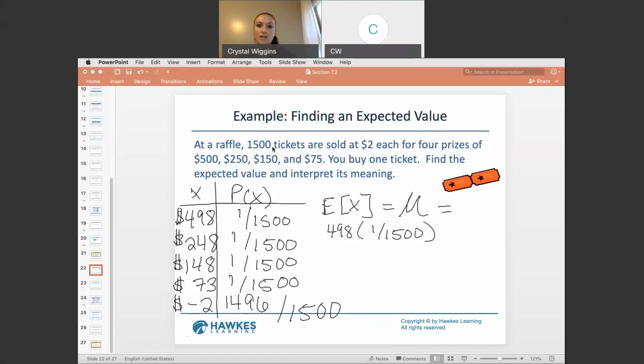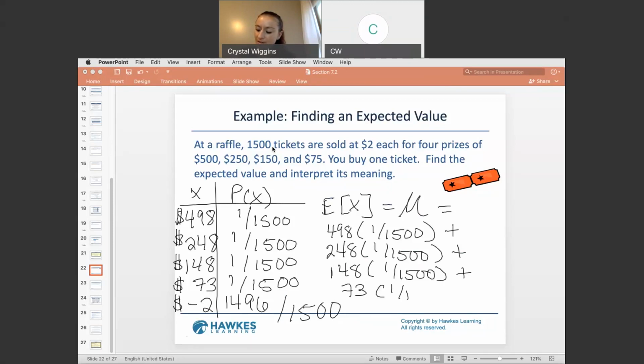Plus 248 times 1 over 1500 plus 148 times 1 over 1500 plus 73 times 1 over 1500 and plus -2 times 1496 divided by 1500.